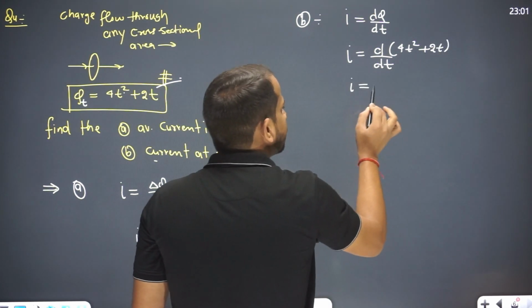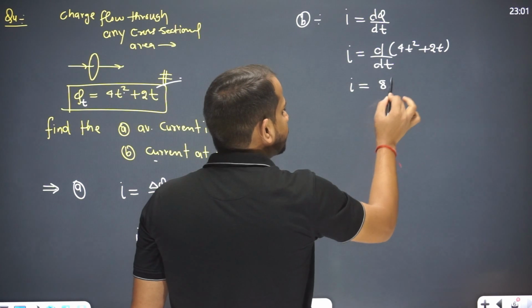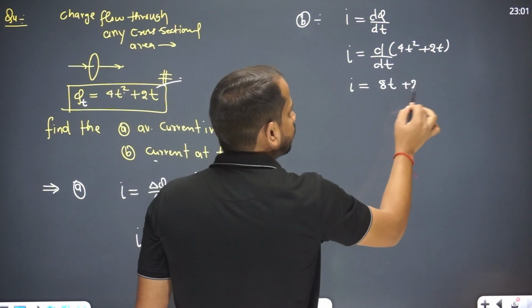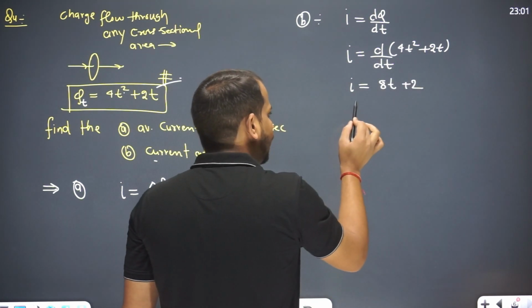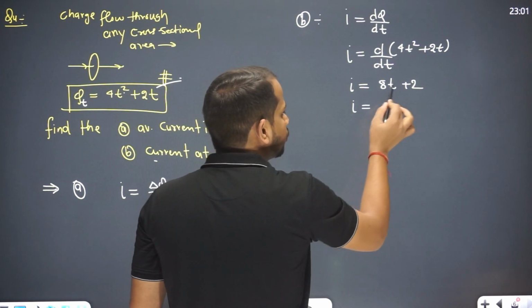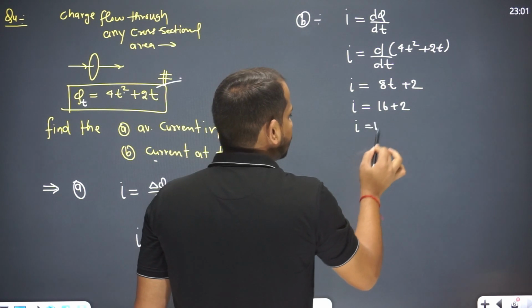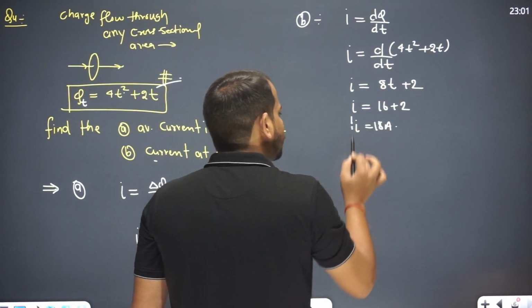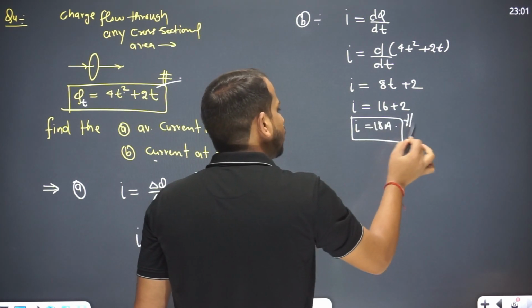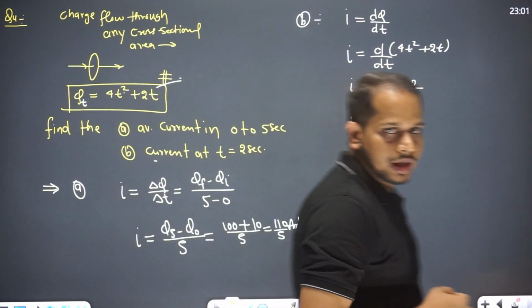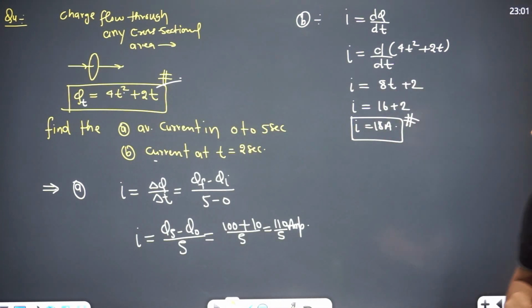What is the differentiation here? It will become 8t plus 2. So current at 2 seconds, I is equals to what? This is 16 plus 2, so this is 18 ampere, right? This is the value of current at that moment. I is equals to 18 ampere. Okay.